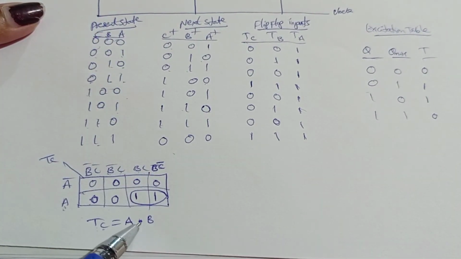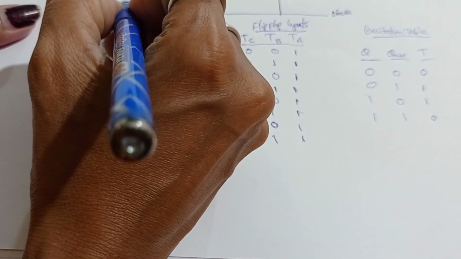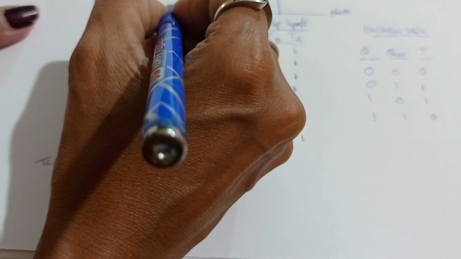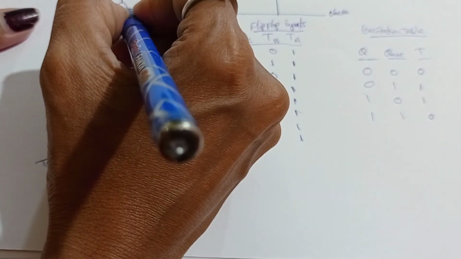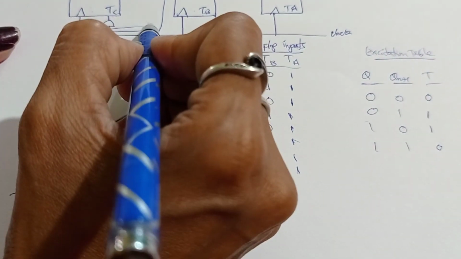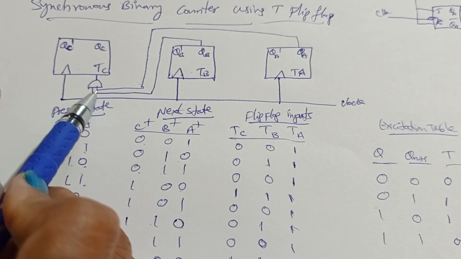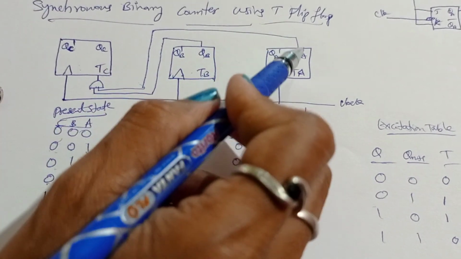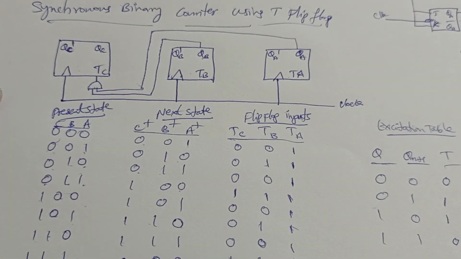Input is A AND with B. So take an AND gate and give one input from B and the other input from A, and give the output to the C flip-flop.